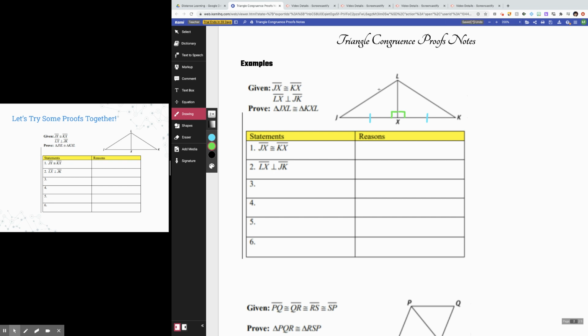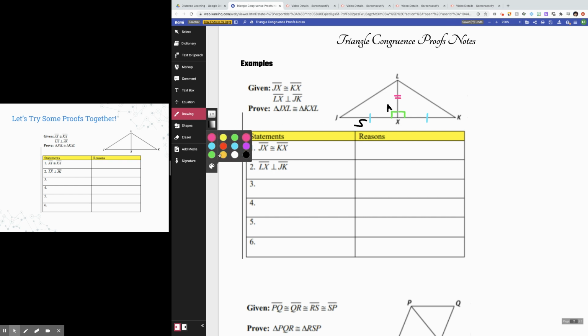Okay, so just from my diagram right here, it looks like I have a side, I have one side right here. I have an angle. So wouldn't it be nice if we had one more side? And in fact, we do have one more side, because LX is congruent to itself.